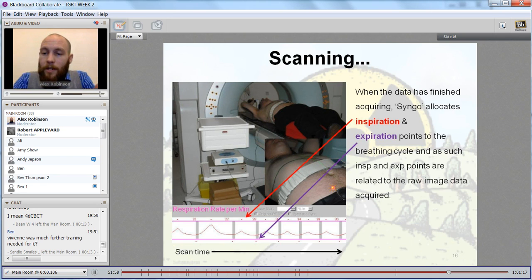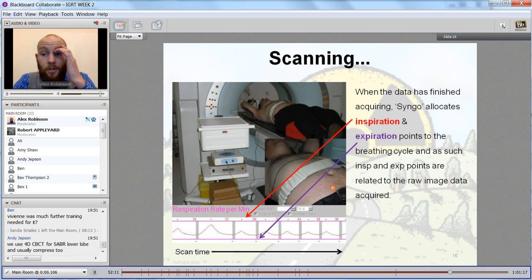Now, when we're looking at the differences between 4D and deep inspiration breath hold, deep inspiration breath hold is great for our breast patients due to the fact that as they breathe in, potentially we can increase the distance from our pericardium and our chest wall. As well as meaning that we're then irradiating less of the heart, it also means that we'll always be irradiating the same volume of lung.